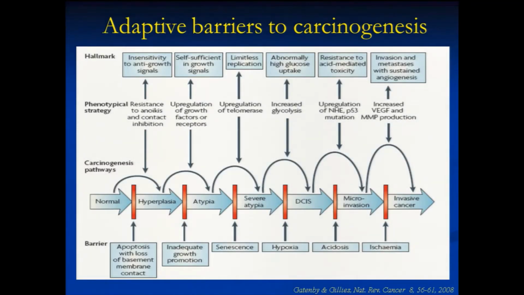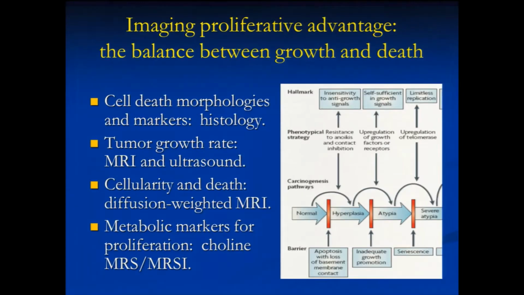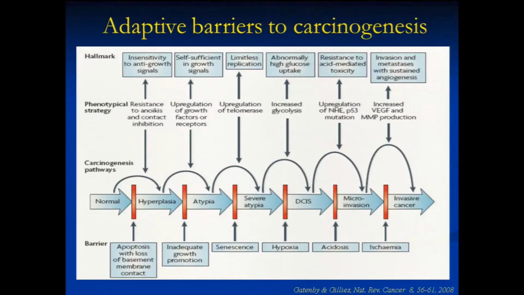A while back, Gillies and Gatenby presented the hallmarks in a slightly different way, in terms of overcoming adaptive barriers to carcinogenesis. And you can see the hallmarks were listed across here.